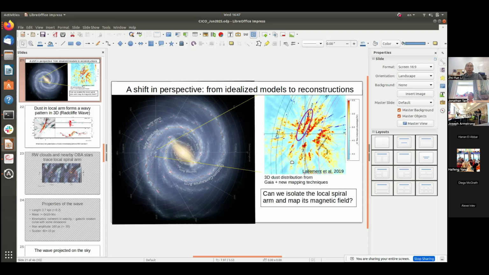Okay. Is there any hint that any of the feedback bubbles, H2 regions, might be influenced by the dynamics of the magnetic field? How would you mean? Well, maybe in the H2 region, the expansion is easier along the field lines. That's tricky because, for the local bubble, for example, we know that the magnetic field, at least in models, is mostly parallel to this direction.